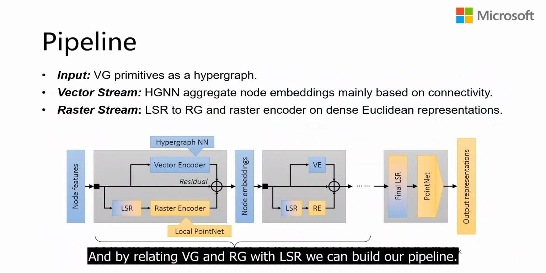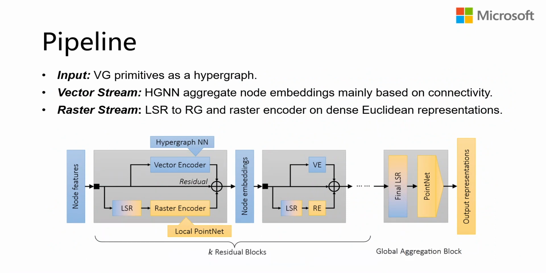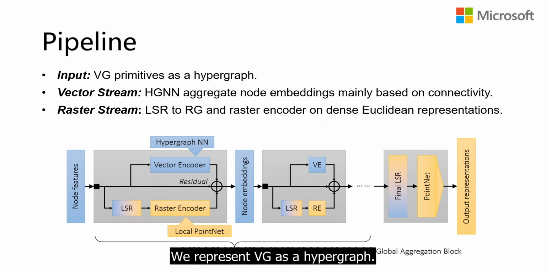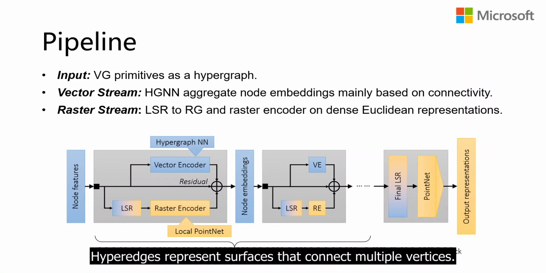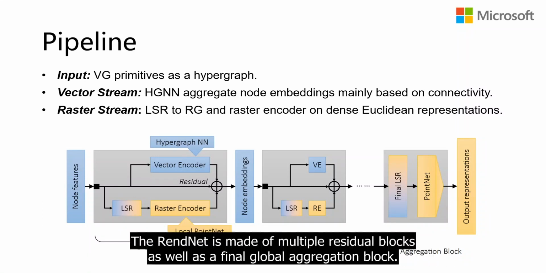And by relating VG and RG with LSR, we can now build our pipeline. We represent VG as a hypergraph. Nodes are vertices. Edges represent curves. Hyperedges represent surfaces that connect multiple vertices. The RendNet is made of multiple residual blocks as well as a final global aggregation block.